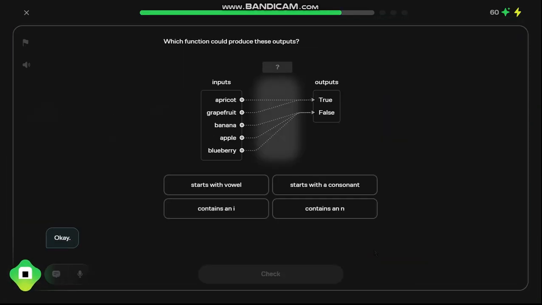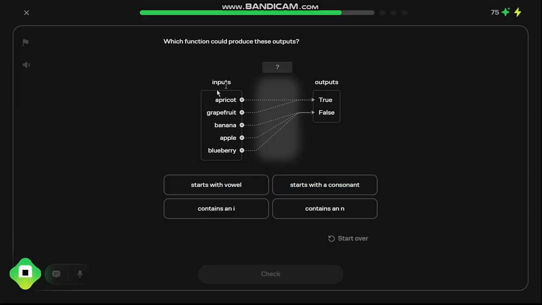Next. Okay. Final problem. So true and false. Apple and grapefruit equal true. Banana and apricot and blueberry equal false. So what is the function? Start with a vowel. I think it's wrong because the grapefruit is true, but it starts with a consonant.